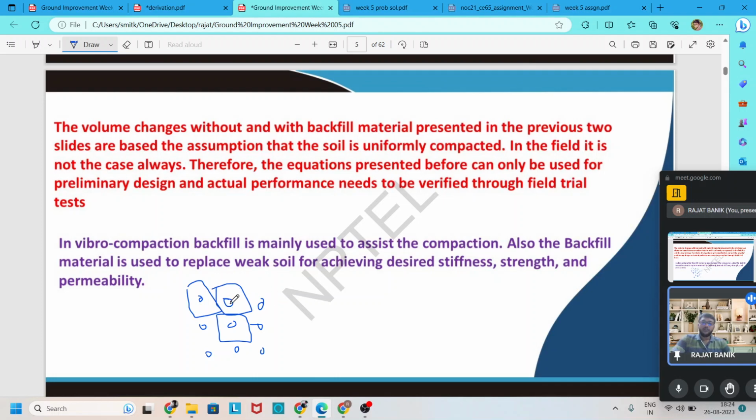During our calculation, we assume that this influence zone, the influence area, is uniformly compacted.